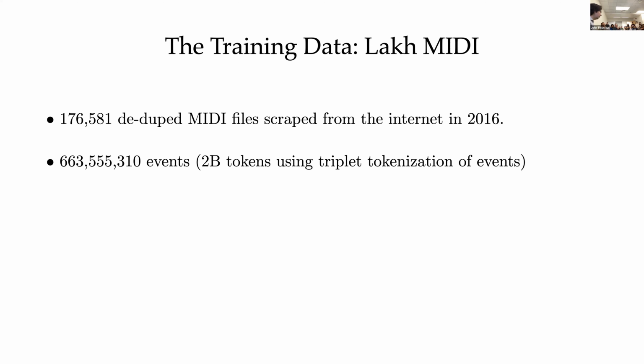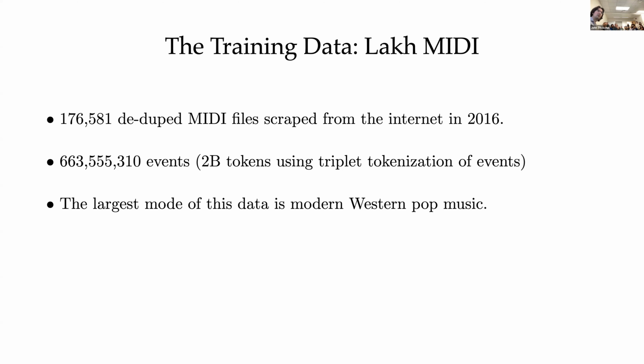A prolific composer in their lifetime will produce like 100 to 1,000 musical documents. And most people are not composers. So this is not just an artifact of difficulty collecting data. This is a fact of human nature that we're fundamentally data constrained in this domain in ways that we're not for text.